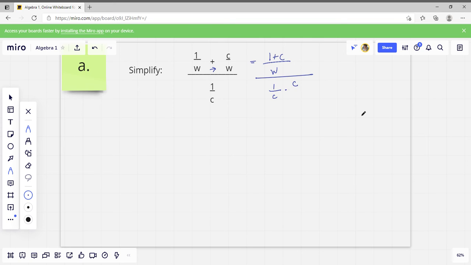So we're going to multiply times c over 1, and we're going to get c times 1 plus c over w. All this canceled. Let me double check that. Yep. All right.